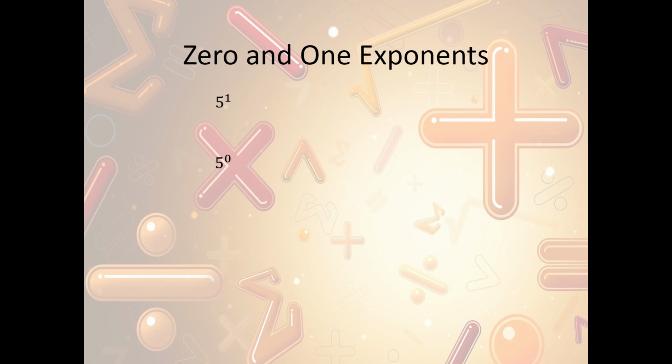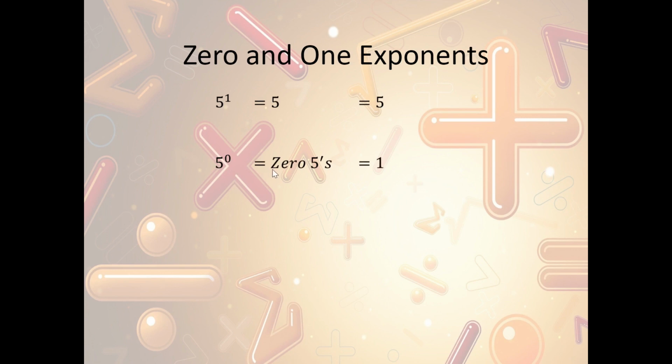Now what about 0 and 1 exponents? So 5 to the first power. Well, 5 to the first power is just 1 5, right, times itself, so 5, that's it. So that's just 5. Now, 5 to the 0 power. So there's 0 5s, and that's equal to 1.